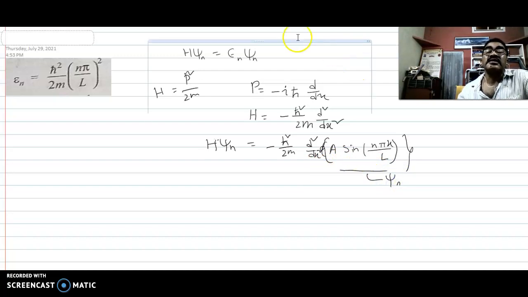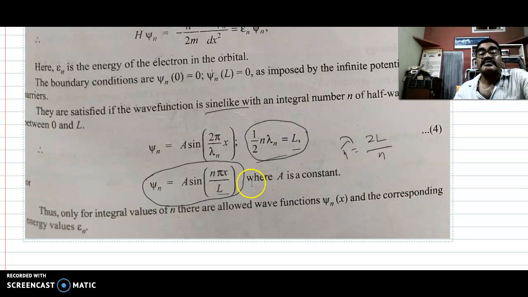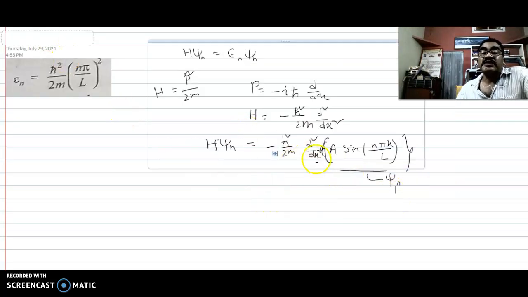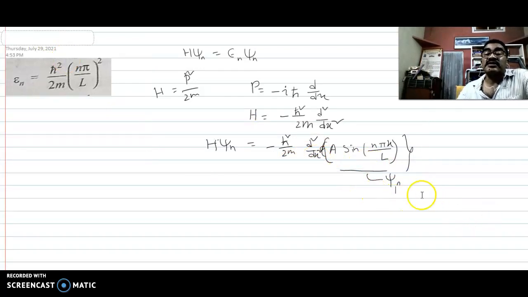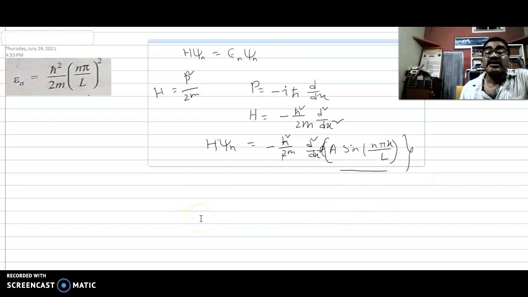Now if we do the double differentiation, what will we get?